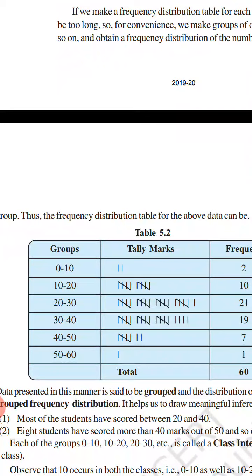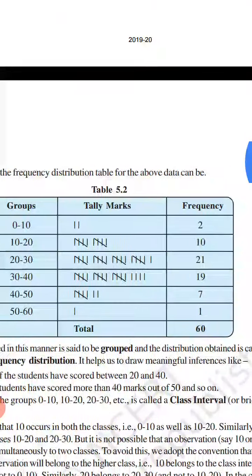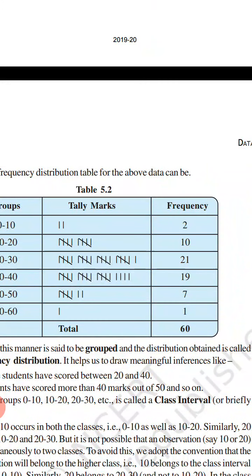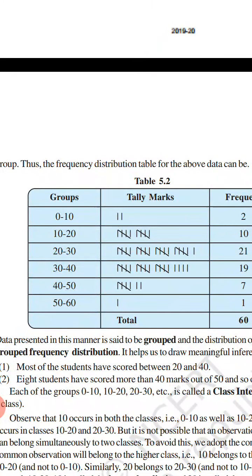For example, for the class interval 50 to 60, the size is 60 minus 50, which is equal to 10. So you can see that for every class interval, the class size is 10. So you have understood how to draw this table. This is called a frequency distribution table.